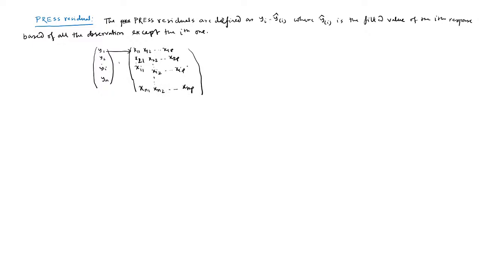So just eliminate this portion and fit the model using the remaining portion. That means y1 to yi minus 1 and yi plus 1 to yn. Similarly here also, using this data set, you fit the model. Suppose using this data set your estimated model is as follows. Since I eliminate the ith portion, I write i here within the first bracket.